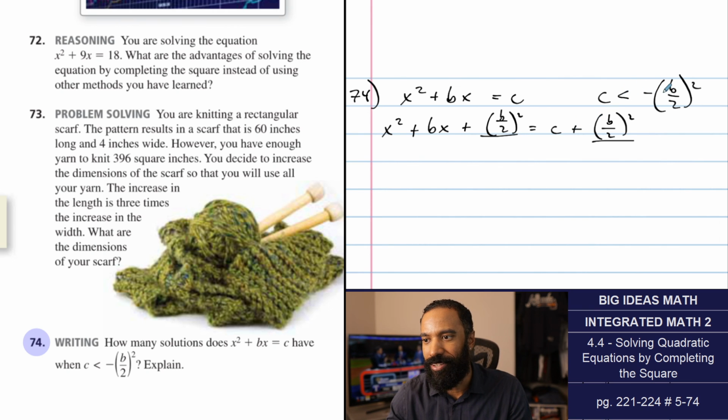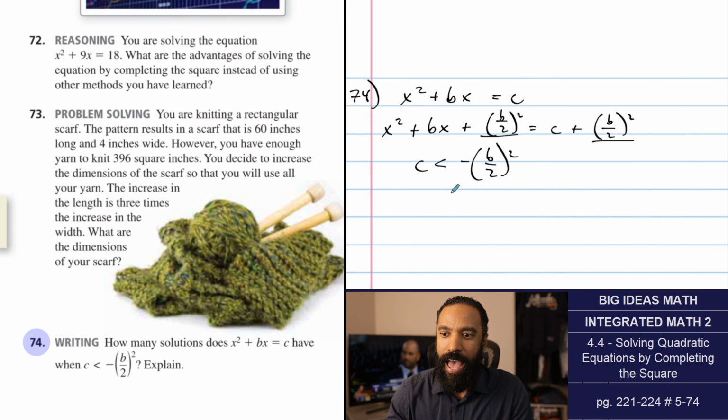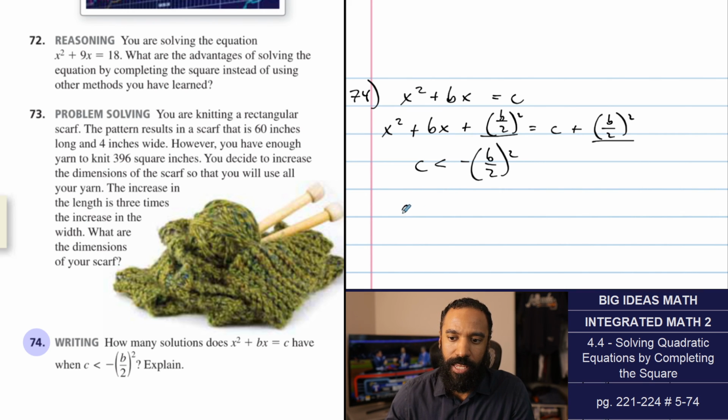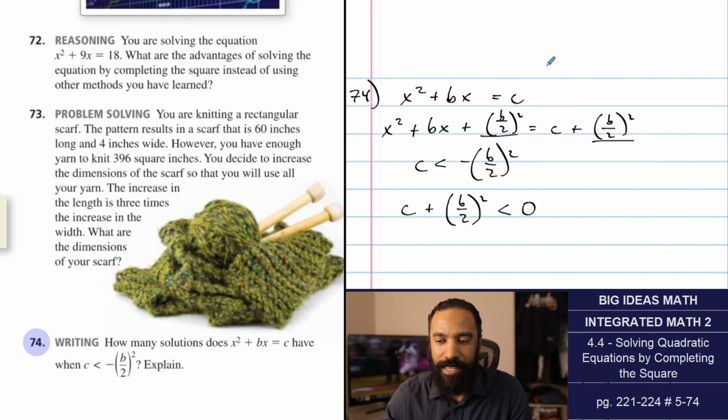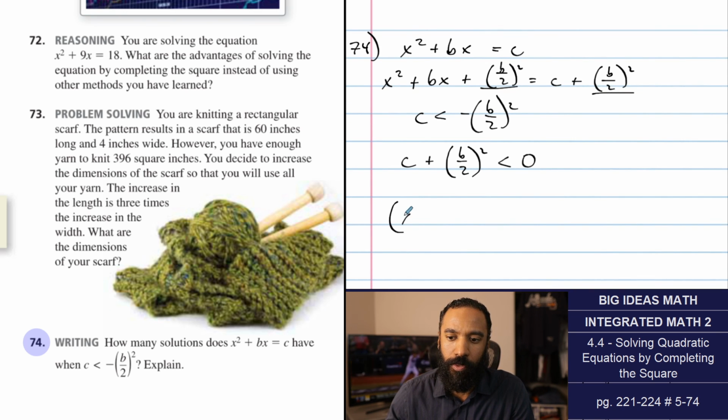If c is less than negative b over 2 squared, then if I add b over 2 squared to both sides, you'll have c plus b over 2 squared is less than 0. And if that's negative, that's a problem, because now you're talking about something where you're factoring.